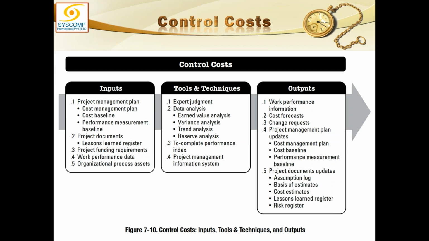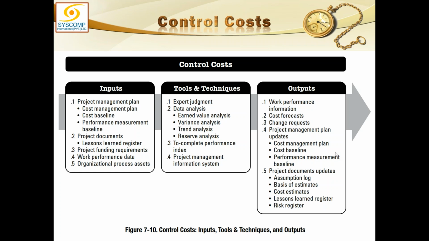Forecasts we have calculated for cost will also be sent to the same place, monitor and control project work. Change request, if any, will be sent to integrated change control, and project management plan and project documents will be updated according to whatever document has been changed, like the cost management plan, cost baseline, or performance measurement baseline.